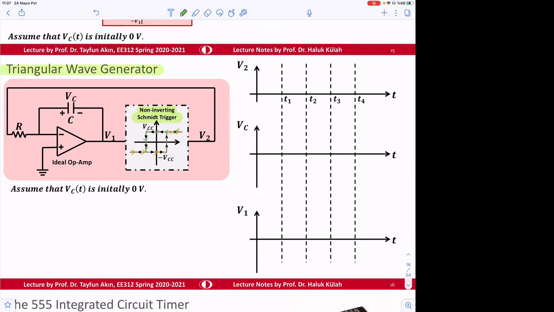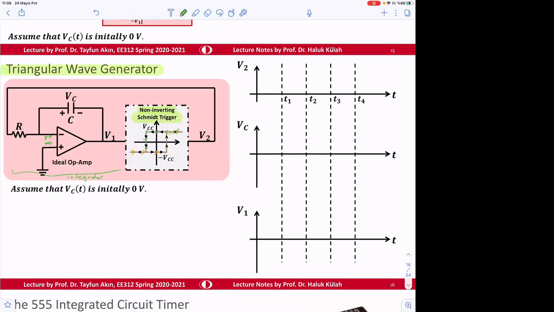So if you combine this with another circuit, and this is an integrator. I don't know if you know about this, but this is an integrator. Again, the input impedance here is infinity. We can get a triangular wave signal. So how can we do this?